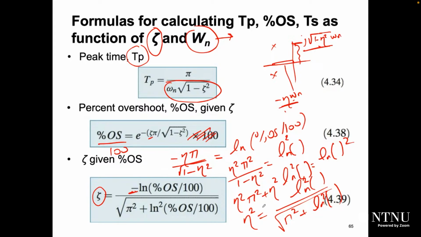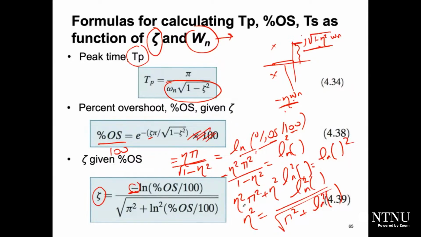Yes, we need to revise it to know why we have a negative here. It will be minus zeta pi divided by square root of 1 minus zeta square equal to ln of percentage overshoot divided by 100. When we cross multiply, we have a minus here. I forgot about this minus, sorry, I made a mistake here.